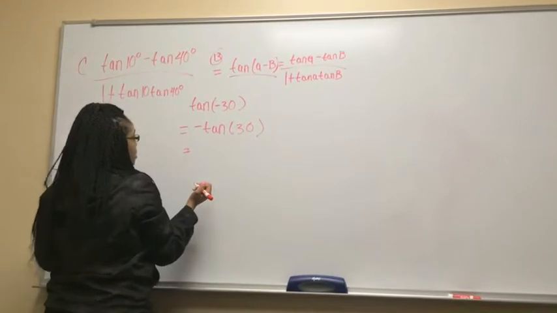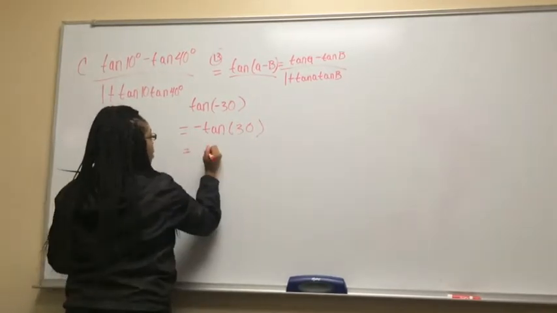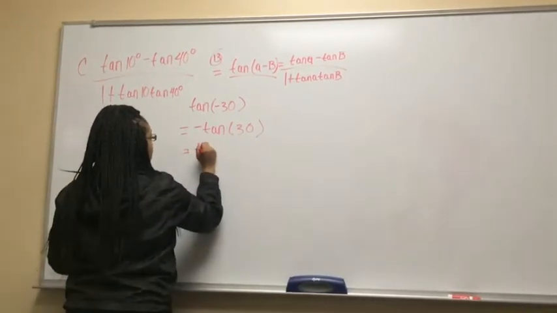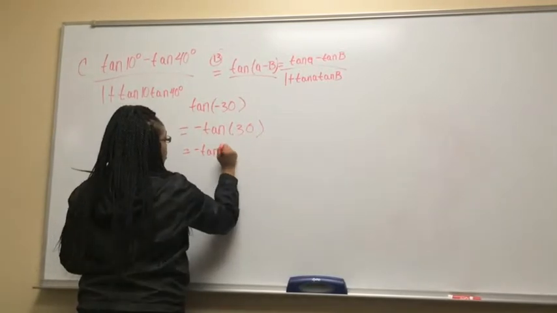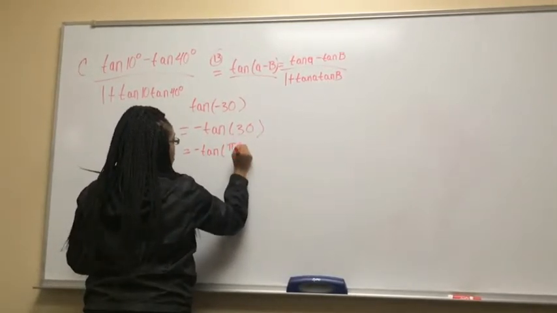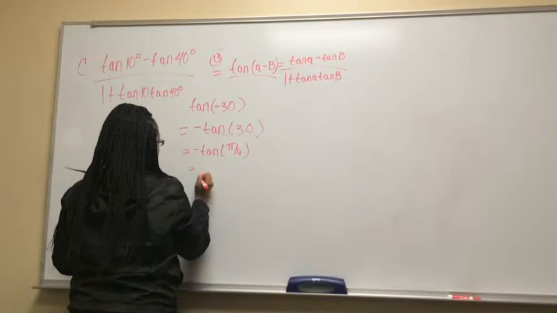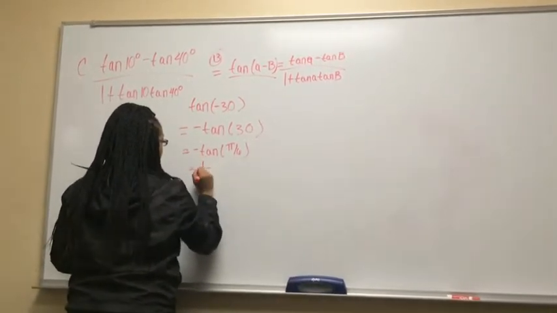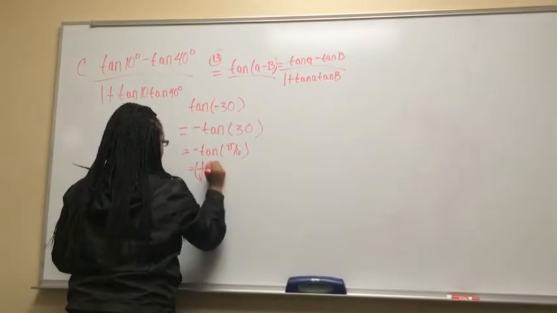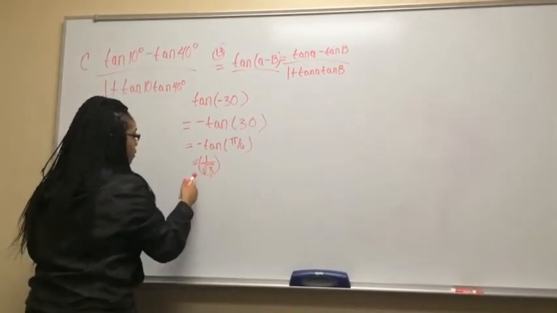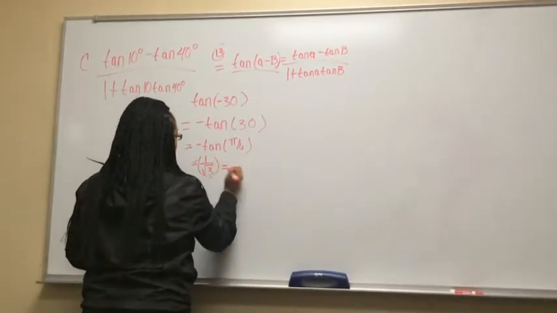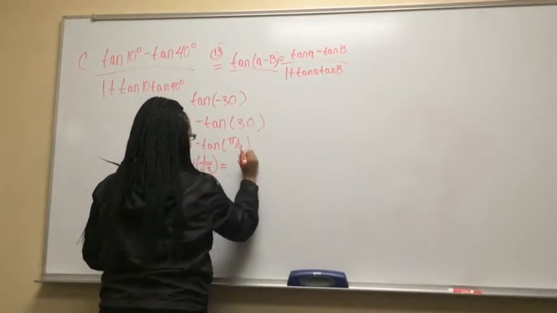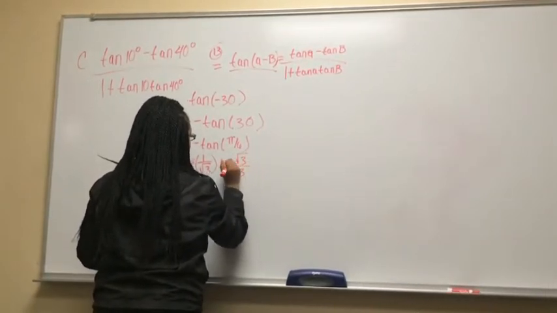On a unit circle, that would be negative pi over 6. And tangent is sine over cosine, so it will be 1 over the square root of 3. And you can't have a radical in the denominator, so that is equal to the square root of 3 over 3, and it's negative.